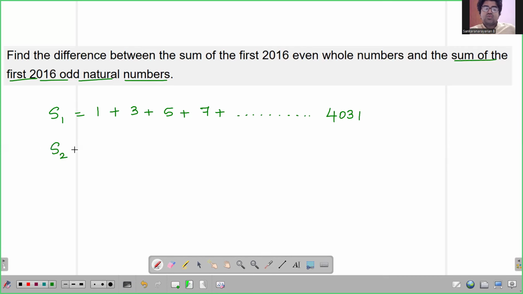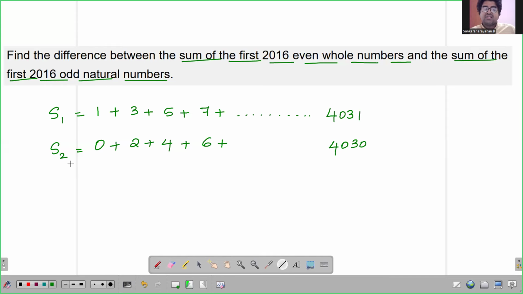What about S2? This is nothing but the sum of the first 2016 even whole numbers. Whole numbers, and even, so 0 plus 2 plus 4 plus 6 plus, and so on. Looking at the pattern, don't you see that this is 1 less than the odd terms? The last number you are considering here has to be 4030, going by this pattern. Got it?